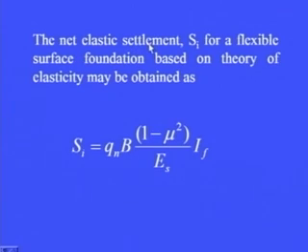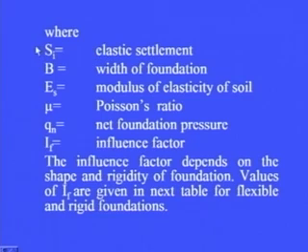The net elastic settlement SI for a flexible surface foundation based on theory of elasticity may be obtained as SI equal to Qn B (1 minus mu square) upon Es into factor IF, where SI is the elastic settlement, B is the width of foundation, Es is the modulus of elasticity of the soil, mu is the Poisson's ratio, and Qn is the net foundation pressure, that is equal to the gross pressure minus gamma Df.